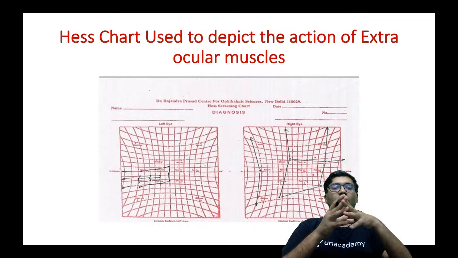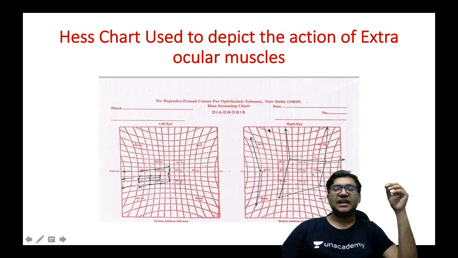So the third option was Hess chart. If you can appreciate, this is a Hess chart.